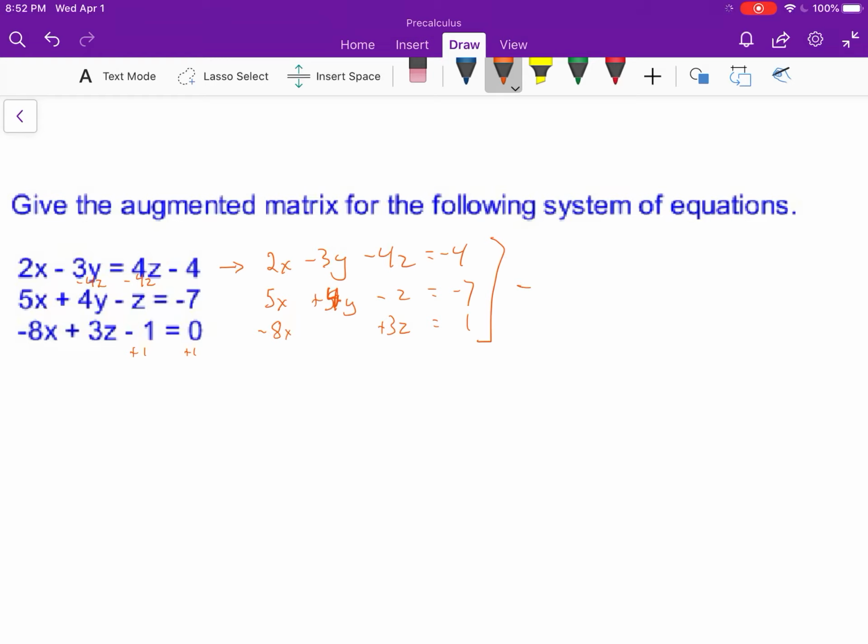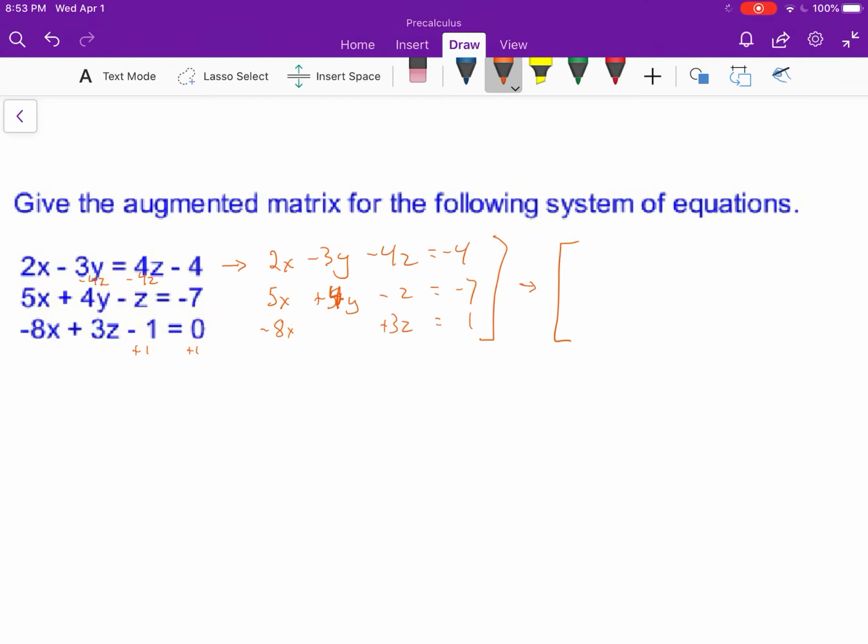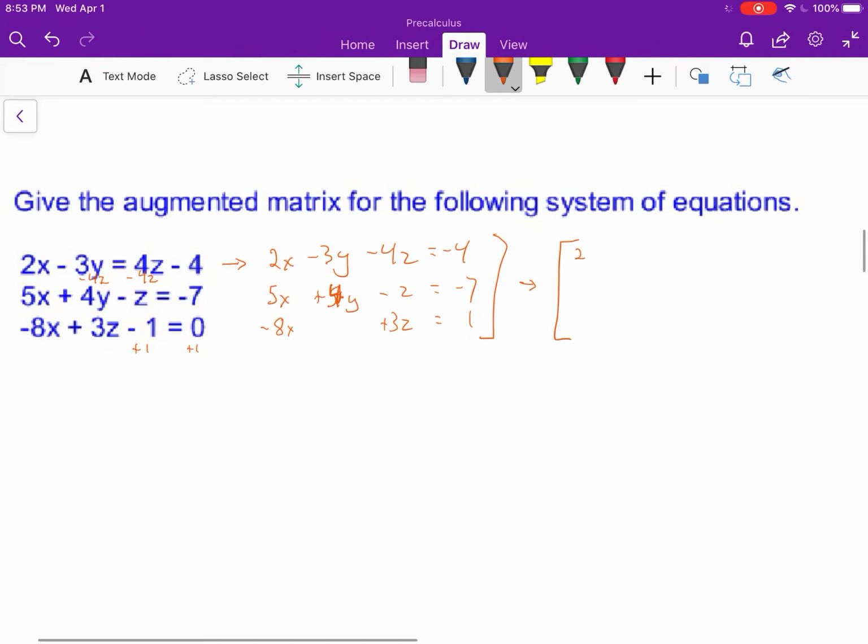And now we want to put it as our augmented matrix. So our first 3 by 3 terms or elements is going to be 2, -3, -4. That comes from these coefficients. Our second one is going to come from these. So this is 5, 4, -1.